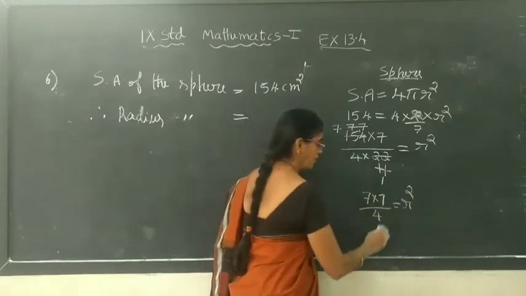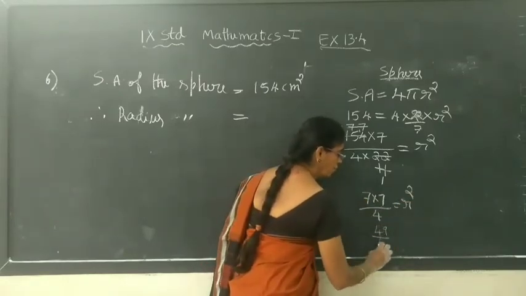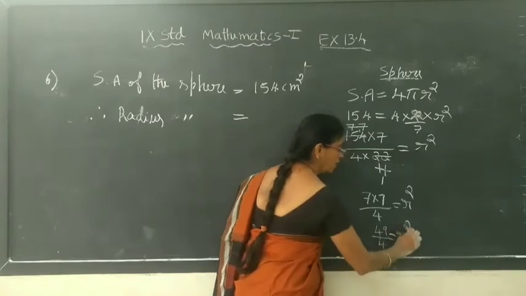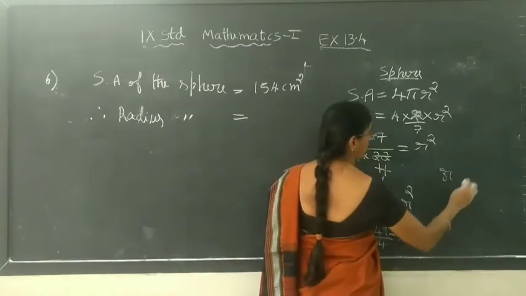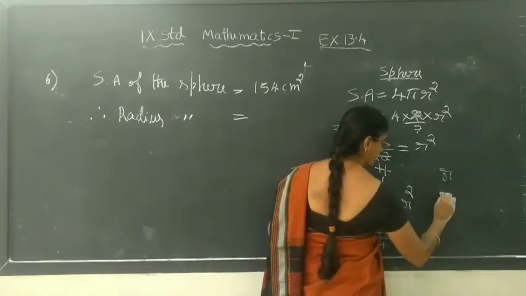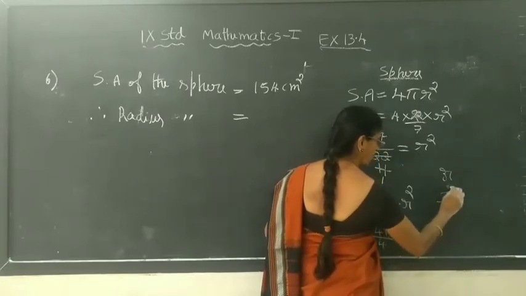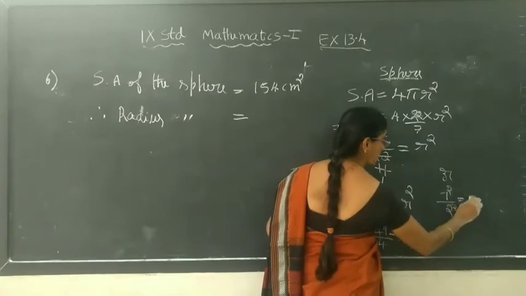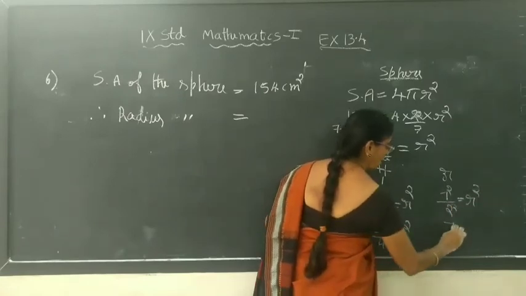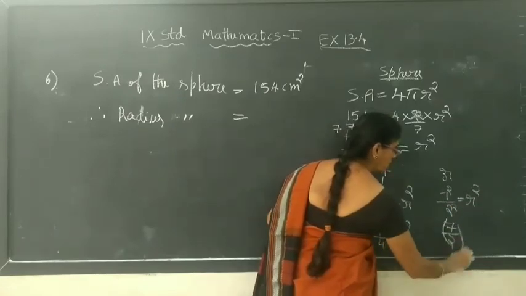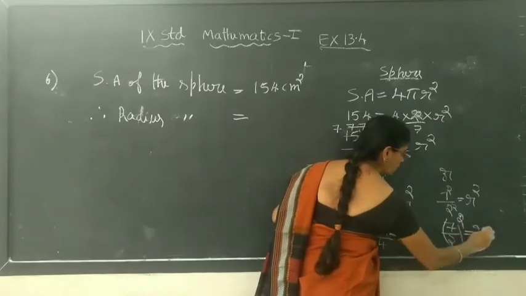So 7 into 7 is 49 by 4 is equal to r square, or it is 7 and 2. 7 square by 2 square is r square, or 7 by 2 whole square is equal to r square.